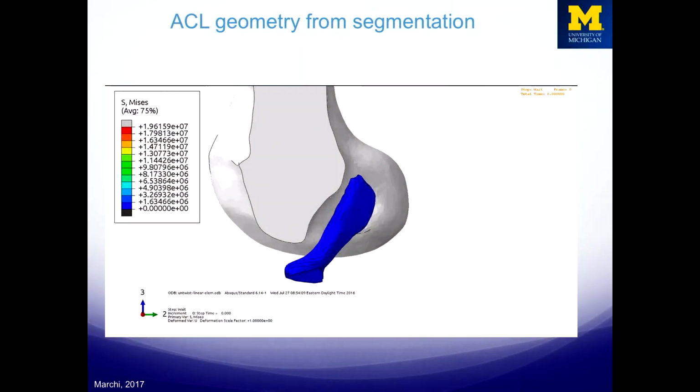But we have an additional challenge, okay? Why not, right? Okay, so we have the AM bundle that we characterized and the PL bundle that we characterized. We have to then take that PL bundle, twist it back up, then take the AM bundle, put it back, twist the PL bundle up and twist the AM around the PL, and then put it back in the knee, because that's its state in the knee.